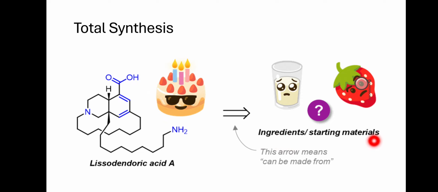If the starting material is expensive, it would be very difficult. To synthesize a very important biologically active drug on a kilogram scale, you must have cheaper starting materials. That is what is called total synthesis: synthesis of a drug molecule or naturally occurring biologically active molecule using simpler starting materials.